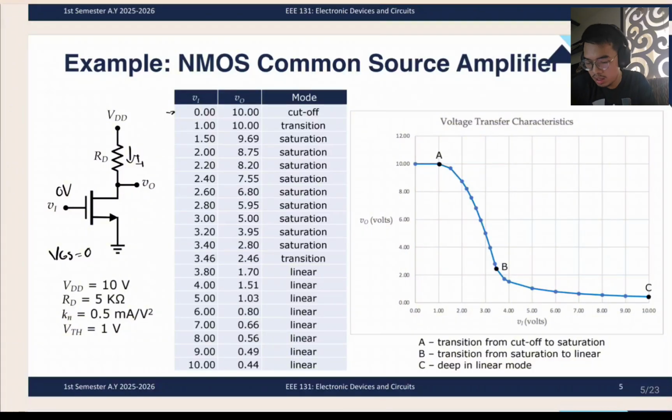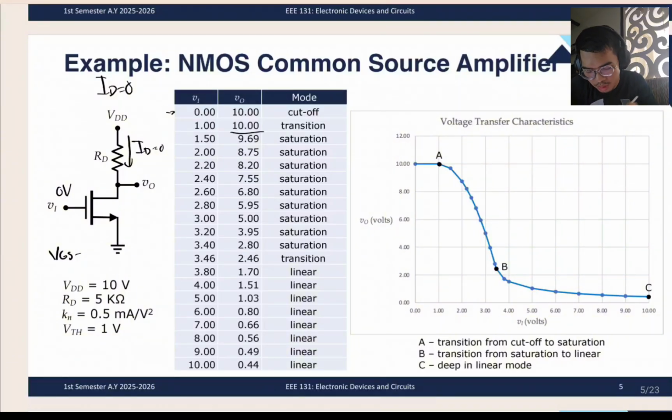Now for the transition, remember in our discussion that for the transition, we can still impose the condition that ID is equal to 0. It's still transitioning from cutoff to saturation. The current is still 0, so ID is equal to 0.